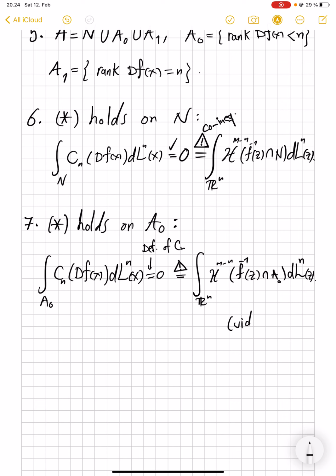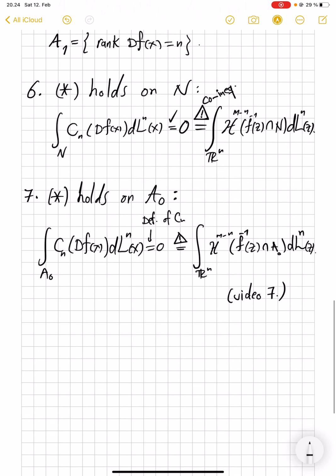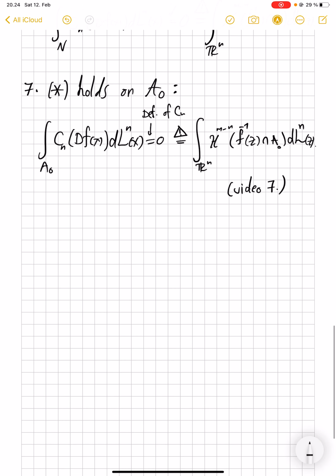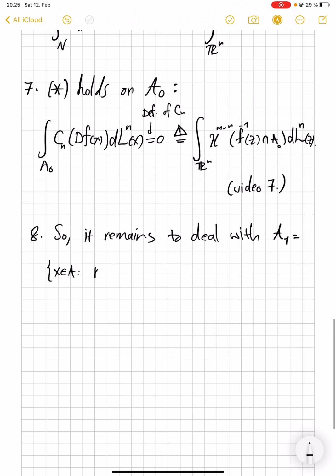We gave a direct proof by covering arguments that on the critical set of the function f, this integral of fibers, the measure of fibers, vanishes. Okay, so it remains to deal with the regular set, the set A1, which was, again, x in A where the rank of the derivative of f at x equals n.